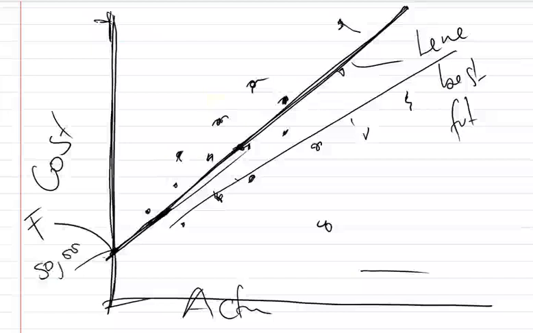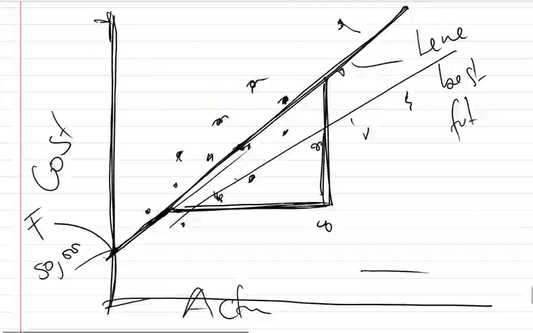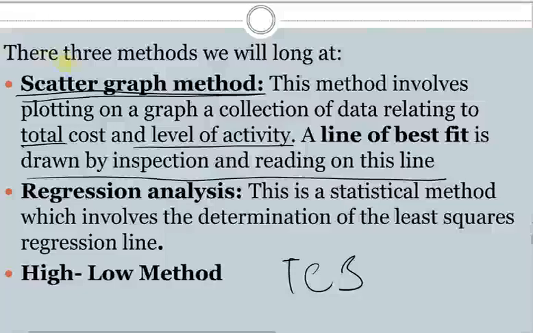For you to find your variable, you have to find the gradient of this slope. So for you to find the gradient, you have to do the mathematics: change in y over change in x. This one will not be examined. It's something they can just ask you, how do you use a scatter graph?